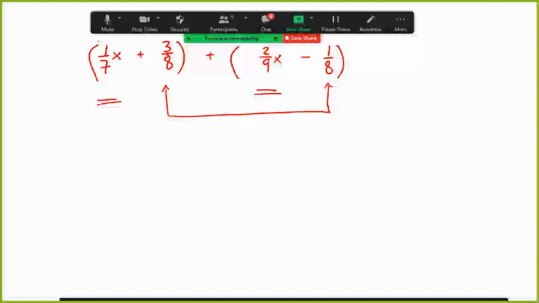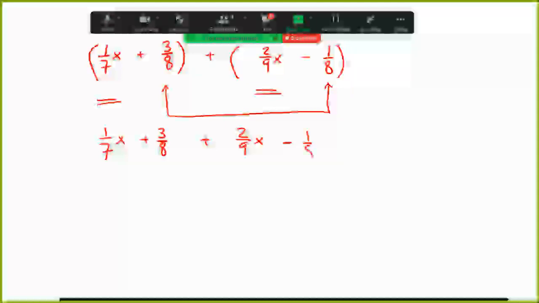So the point is, we've got these two parentheses, but because there's no negative sign outside the parentheses, it's just a positive one and another positive one, and then we're adding them both together. We are allowed to basically drop the parentheses.